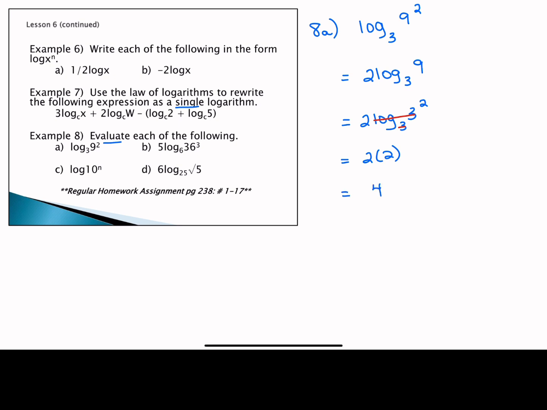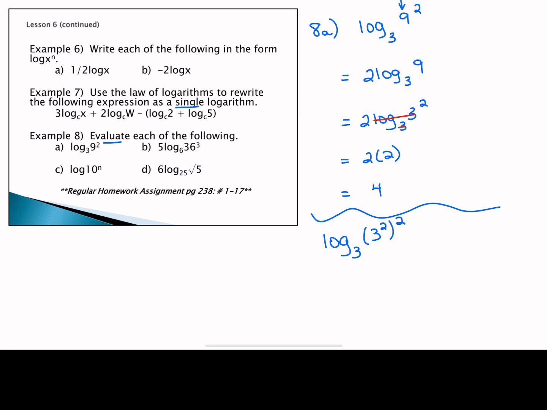Now, some of you might be asking, can't we just make this 9 a base 3 from the beginning? And the answer is absolutely. That's still legal. That's still a good step. So as an alternative, if that's the approach you wanted to take, we could say this was really log base 3, and instead of 9, call that 3 squared.